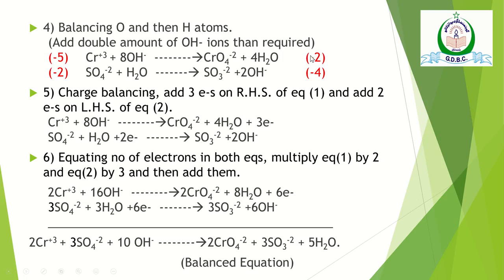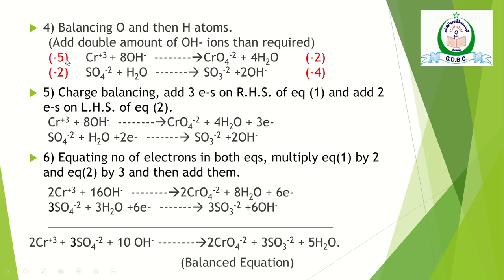So the net sum is minus 2. In the second equation, similarly, sulfate is minus 2, no charge on oxygen. So the net charge on the reactant hand side is minus 2, and minus 2 and minus 2 makes minus 4 charge on the product hand side of the second equation.